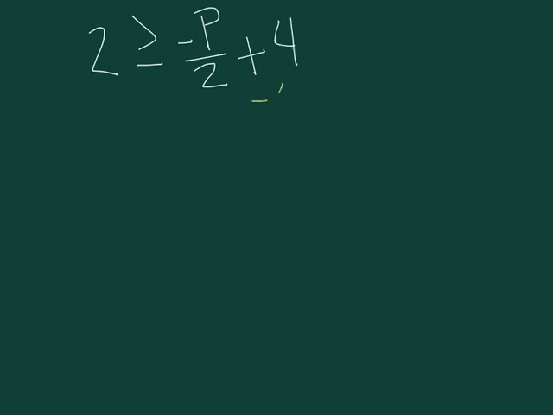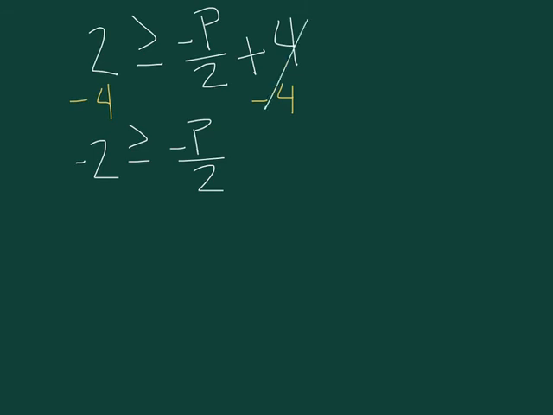So we'll start by subtracting 4 from both sides. 2 minus 4 is -2. My sign stays the same because I was working with a -4, but I was not multiplying or dividing. So it's totally fine to subtract. Do not change the sign. Right here then, the negative p over 2 stays the same. 4 minus 4 is 0.